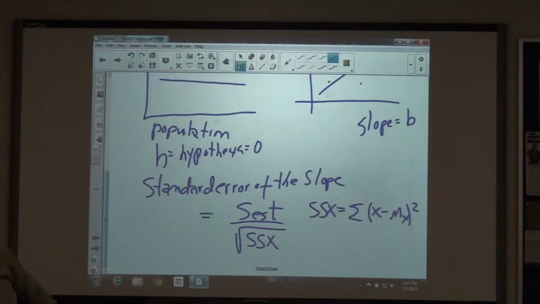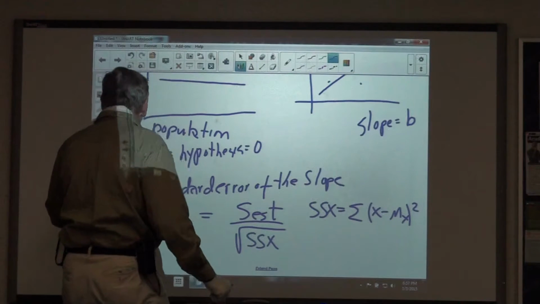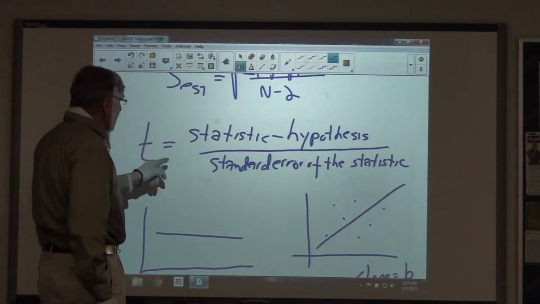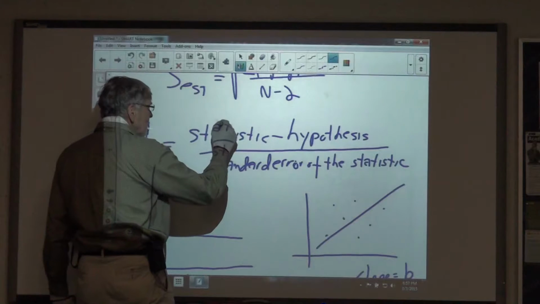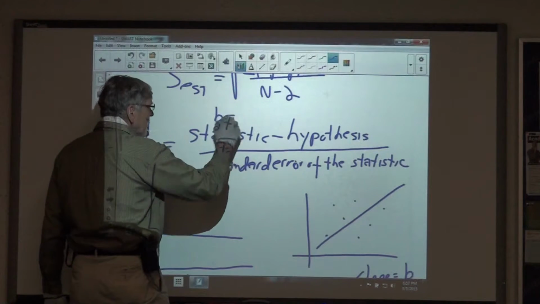So now in the problem that you did on the whiteboards, before you can find a t-value for your slope, you have to find the standard error to put in the denominator. To know whether your slope is significant, this is your statistic. This is the b that you found. What was it that you found?